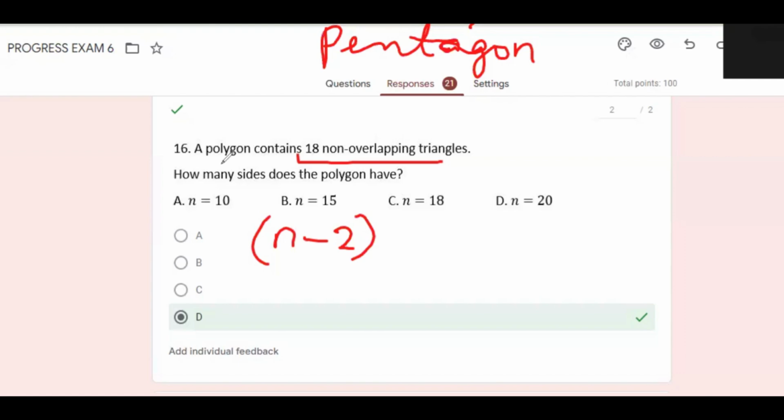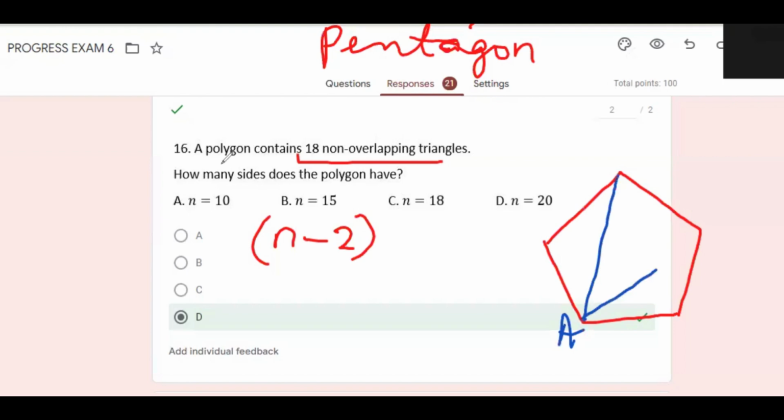But how many triangles do we have? 3. Exactly. It can be divided into 3 because if you fix this place, look at it, 1, 2, that is 3 triangles. That means the number of triangles is always 2 less than the number of sides. If sides is 5, the number of triangles will be 5 minus 2. That is this n minus 2.